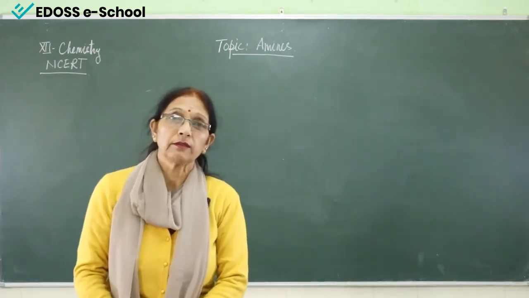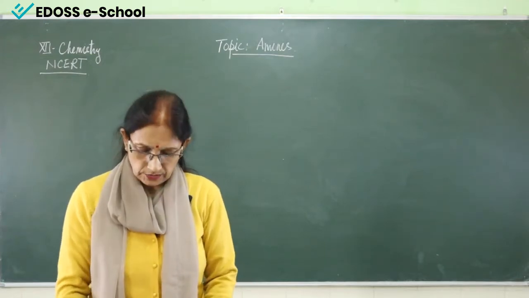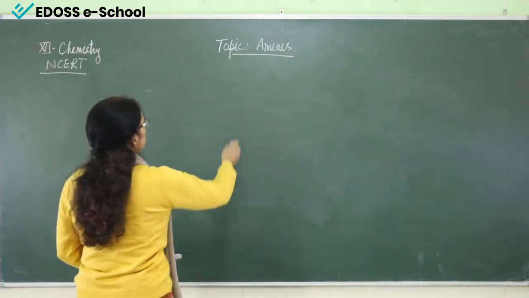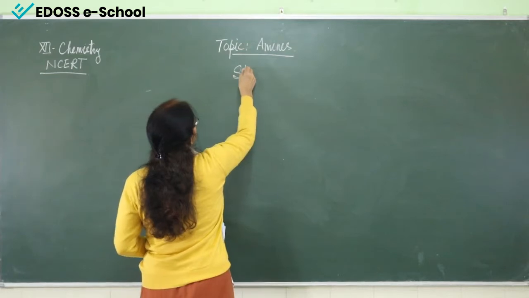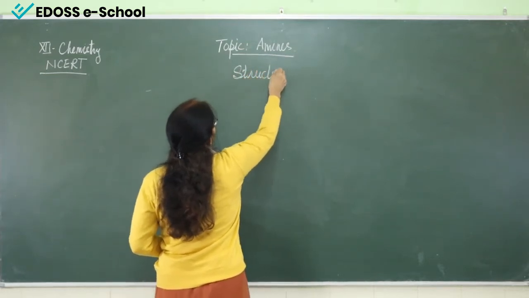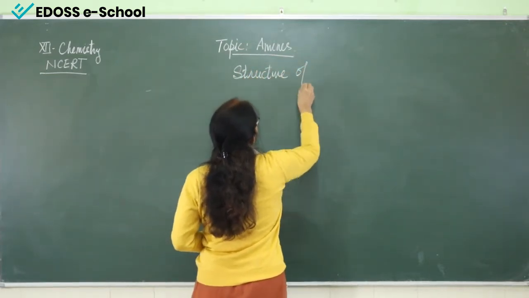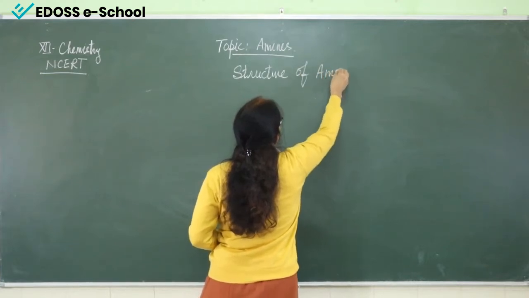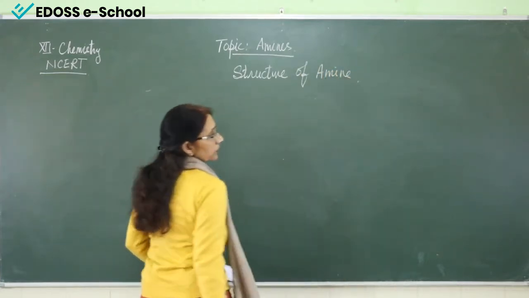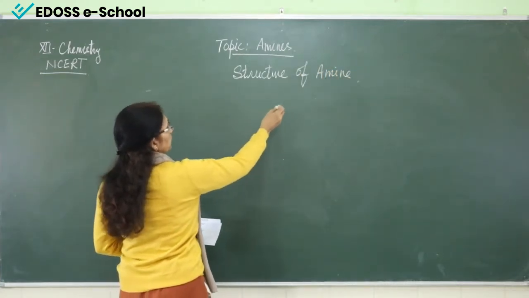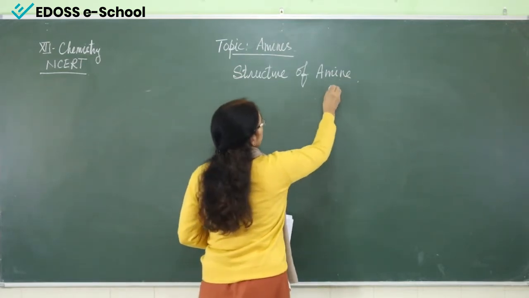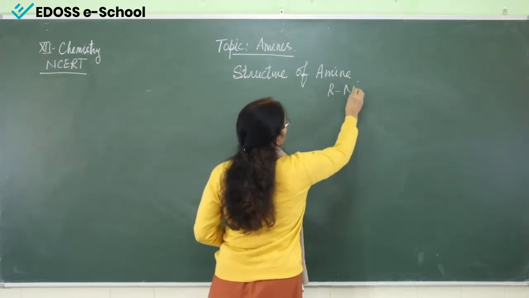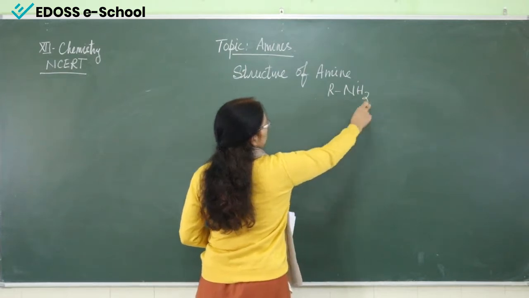Now the second important thing about amines is their structure. Now coming to the structure of amine. This is nitrogen, this is RNH2, a primary amine.